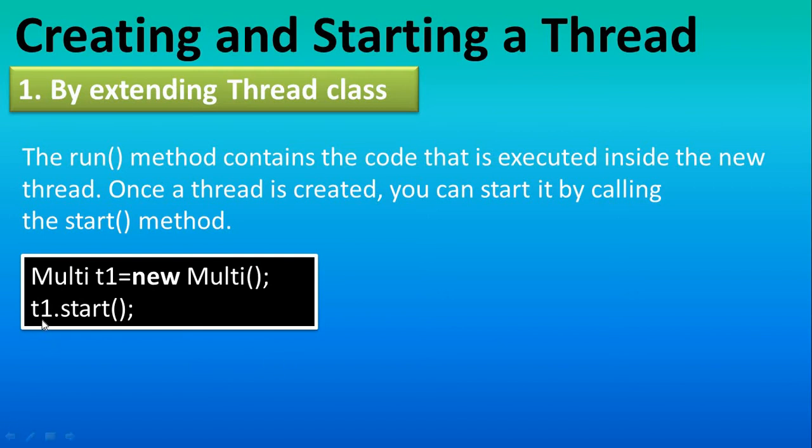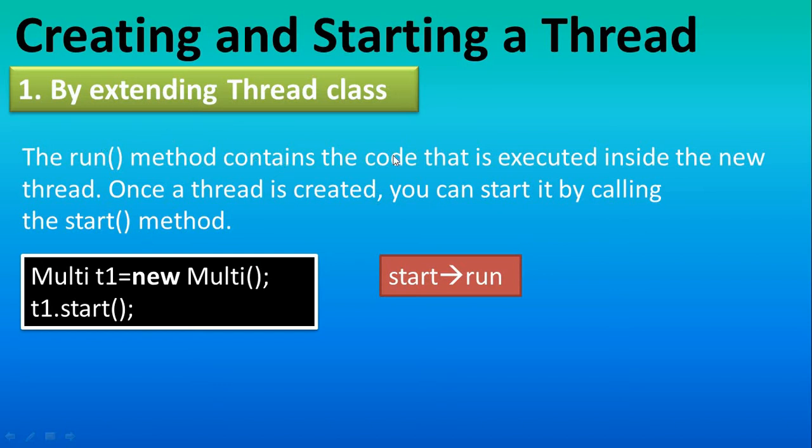But here, in place of t1.run, what you should write is t1.start. Why? Because we learned in the thread life cycle that the start method will jump to the run method. So once you use the start method, the thread goes into the runnable state and then runs. So we create the object and then write the t1.start method.